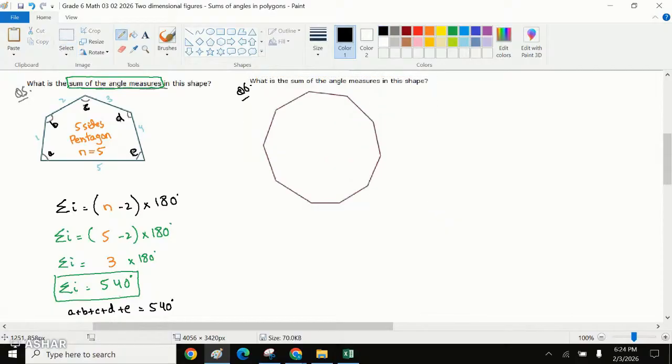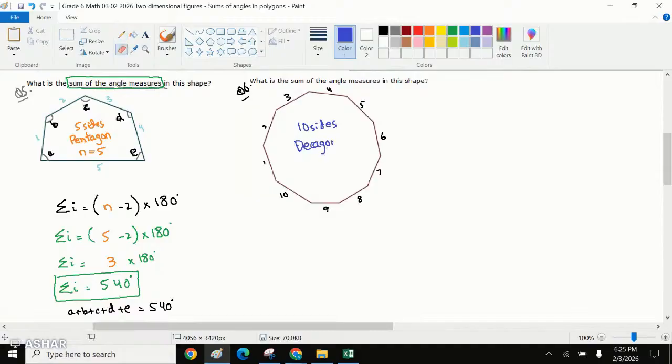So for question number 6, let's count the number of sides. One side, 2, 3, 4, 5, 6, 7, 8, 9, and 10. There are 10 sides, the name of the shape is decagon.